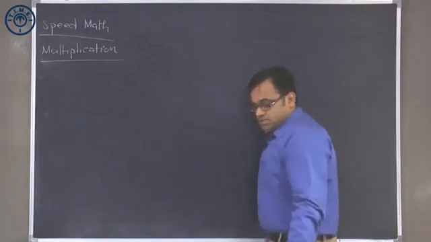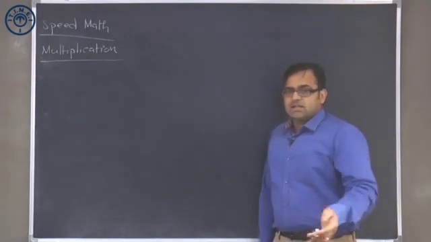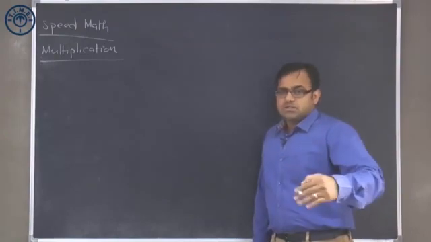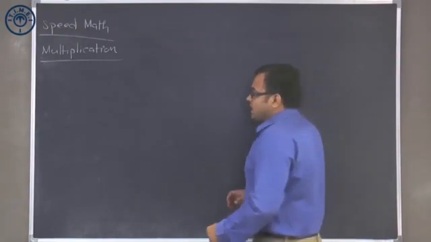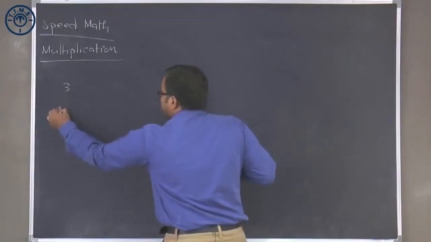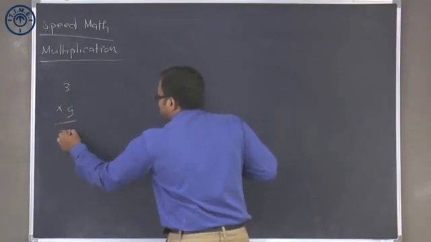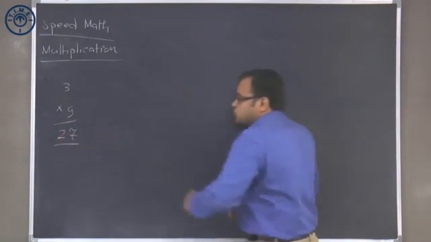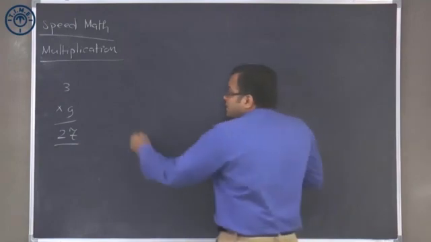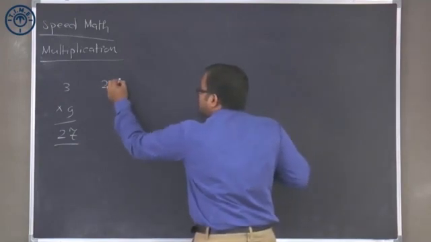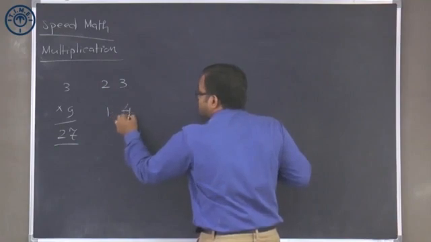What we do is we'll first look at single digit, then double digit, then triple digit, and so on and so forth. Let's say I have to multiply 3 with 9. Obviously this is very simple. 3 9s are 27, so there is no rocket science in this. Let's say I have to multiply 23 with 14.